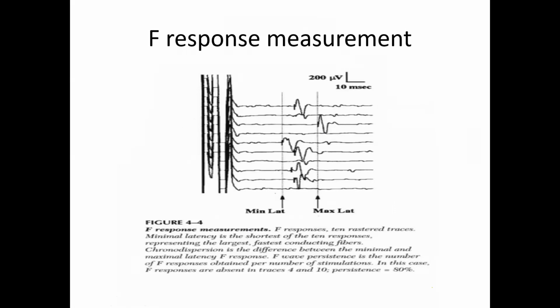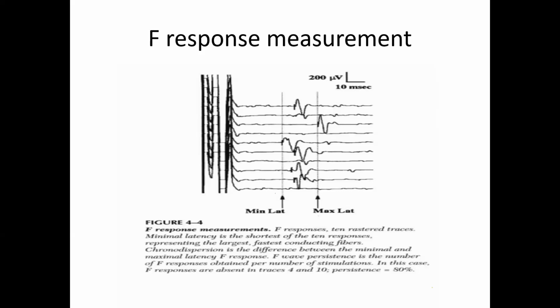For the F response, 10 raster traces are taken. Minimal latency is the shortest of the 10 responses, representing the largest and fastest conducting fiber. Chronodispersion is the difference between the minimal and maximum latency of the F response. F wave persistence is the number of F responses obtained per number of stimulations.